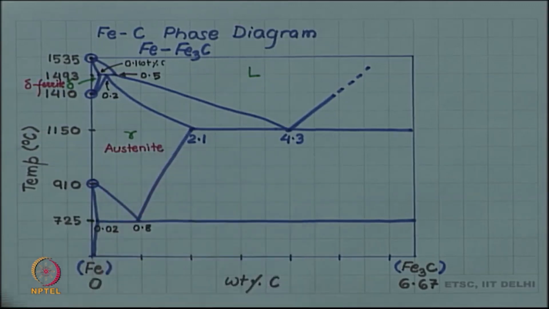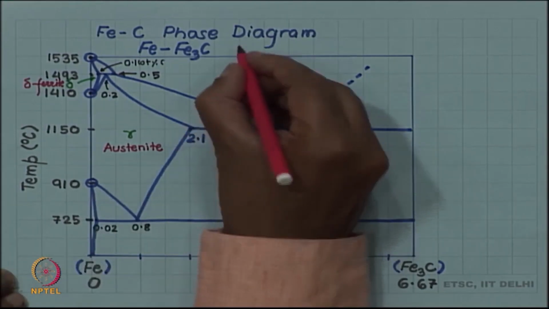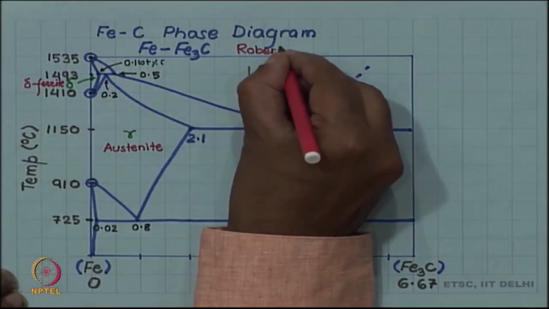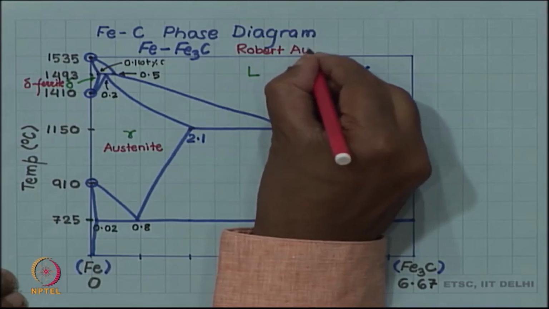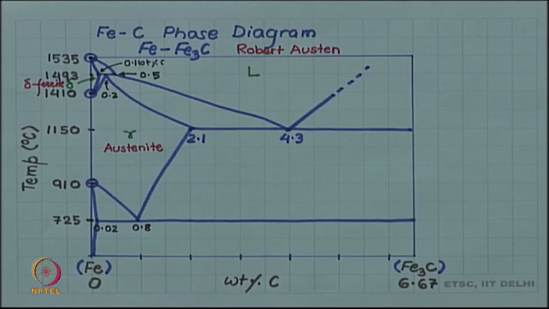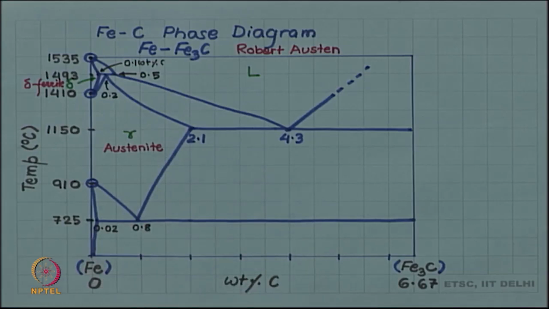This is named after the famous metallurgist who first made this phase diagram, Robert Austin. He was the first person to study the iron carbon phase diagram. So, in his honor, this large single phase region is called austenite.